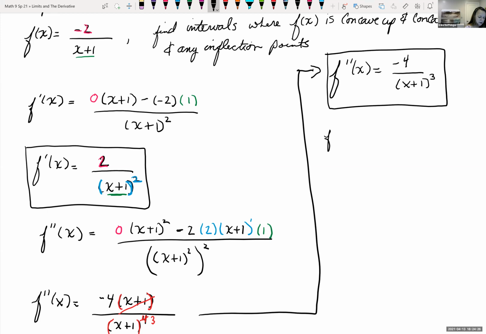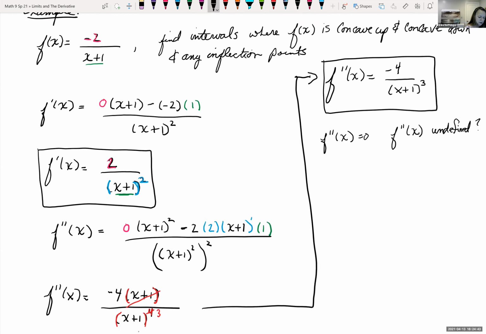So we're looking at when is the double derivative equal to 0, and where is the double derivative undefined. Well, if you look at it, there's no value where it's ever equal to 0.